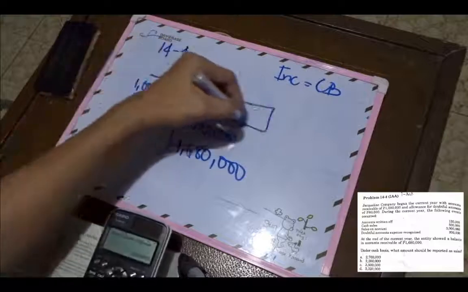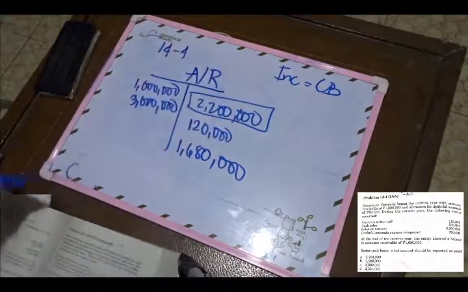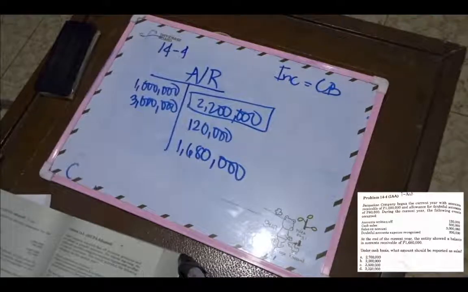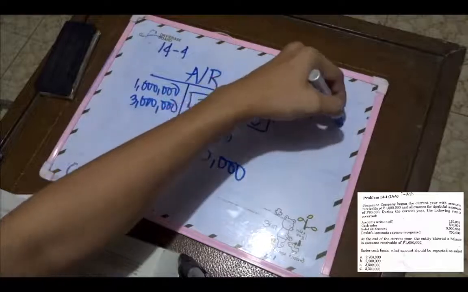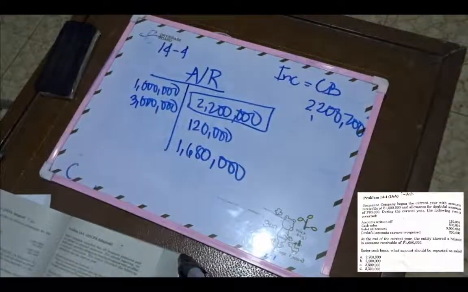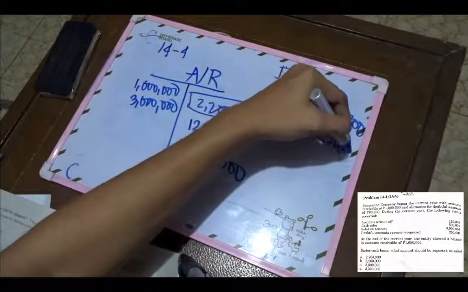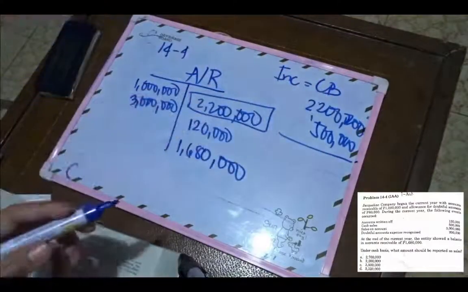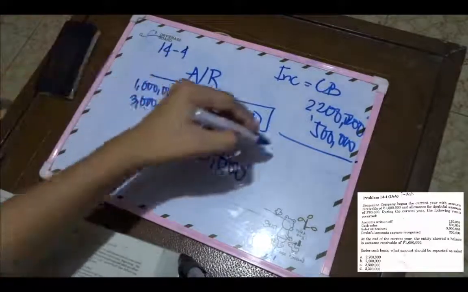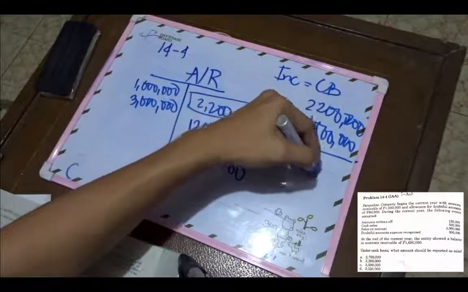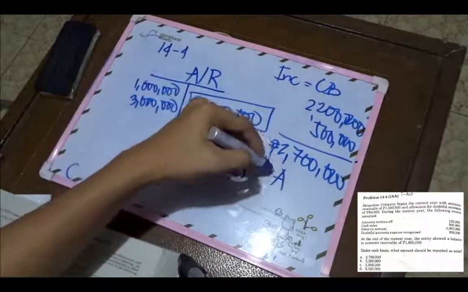We'll have a balance here of 2,200,000 representing cash collections. So that's cash collections from AR. You add cash sales amounting to 500,000, a total of 2,700,000. That's letter A.